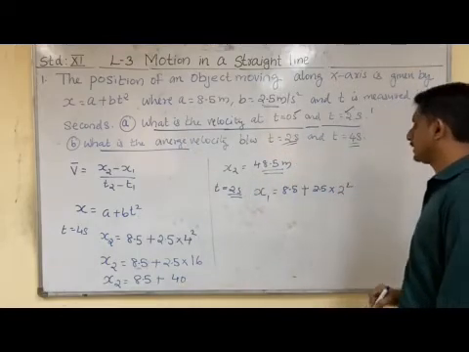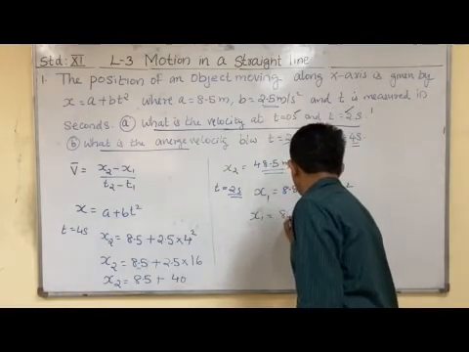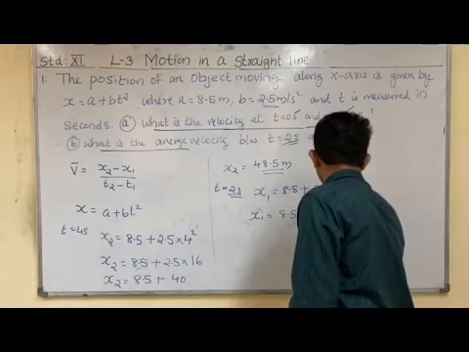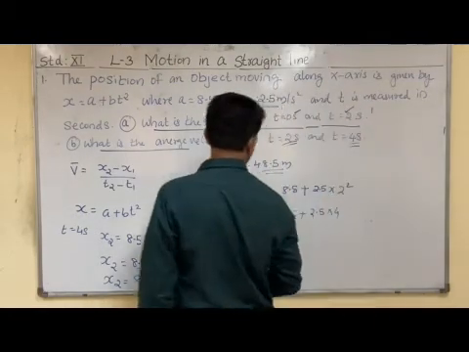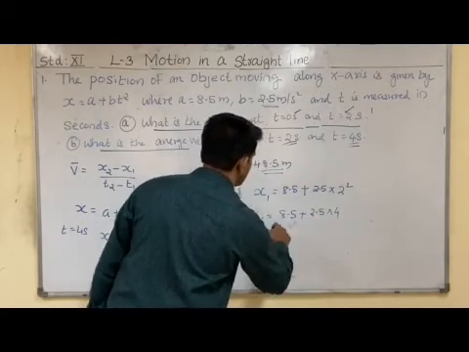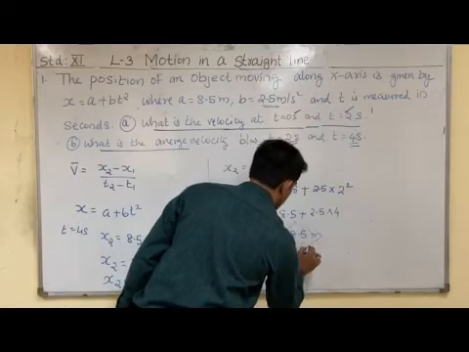So x1 becomes 8.5 plus 2.5 into 4. That means x1 is equal to 10 plus 8.5, which means 18.5 meter.